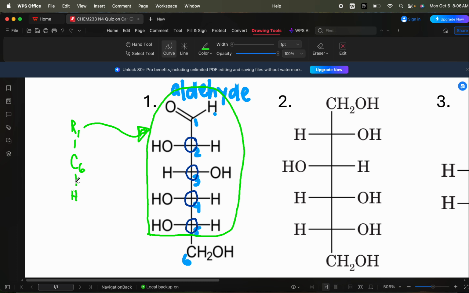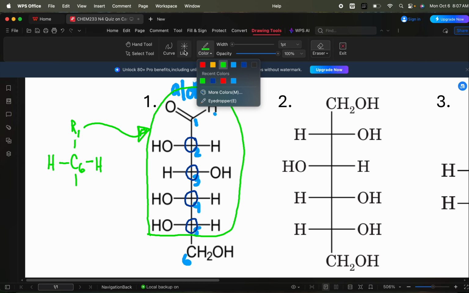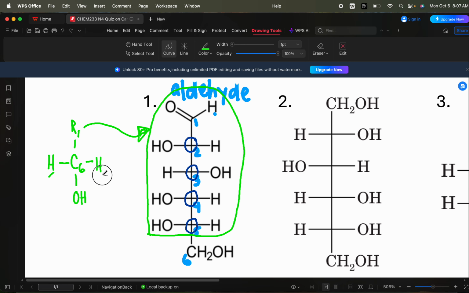So we have hydrogen, hydrogen, and the last would be it is bonded to OH. Since you have hydrogen here and here, this disqualifies it from being a stereocenter, meaning to say carbon number 6 is not a stereocenter.